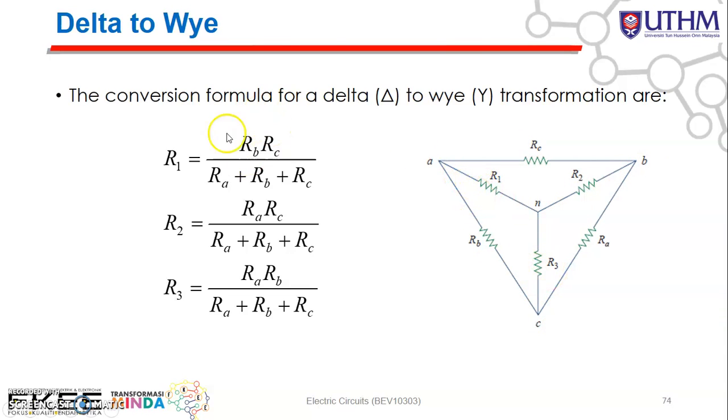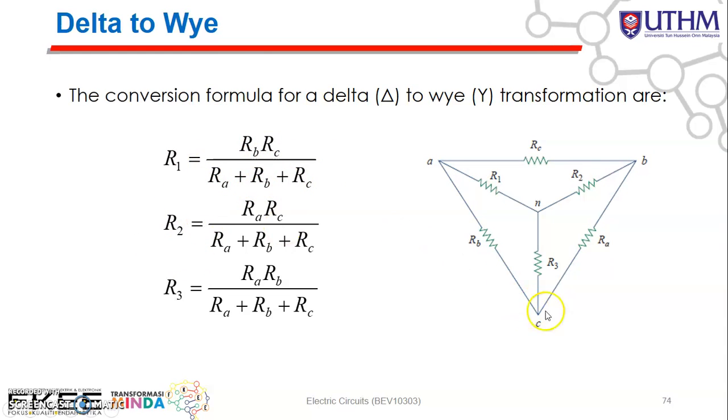So how to memorize the formula? R1 is surrounded by RC and RB. So that's why R1 is equal to RB multiplied with RC over RA plus RB plus RC.